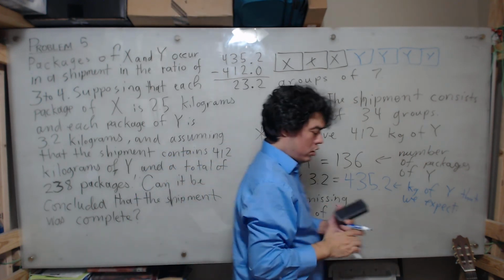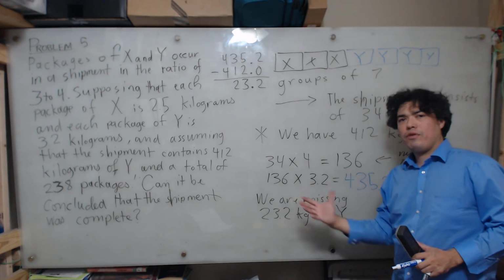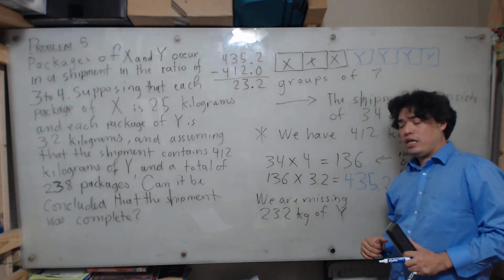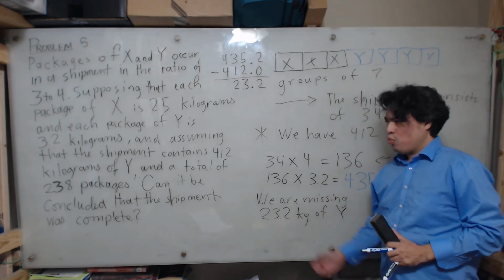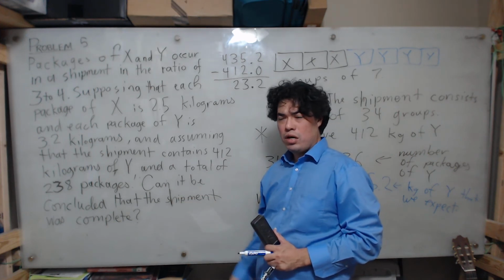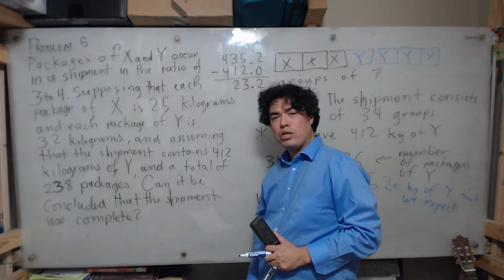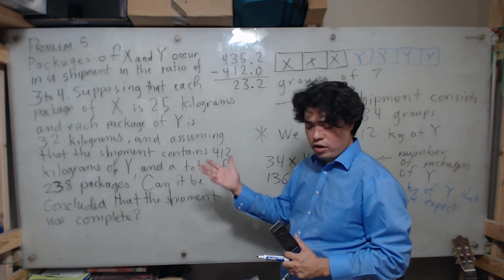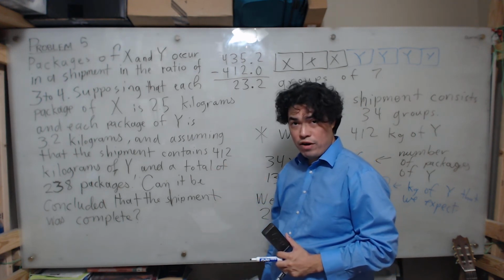Okay? So now I want to make a few more comments about this problem. Some of you might have noticed something when we first finished reading it. You might have thought right away, we don't know anything about the quantity of X that was recovered. How will we be able to make any conclusion about whether the shipment is complete or not? That would be a very valid point.